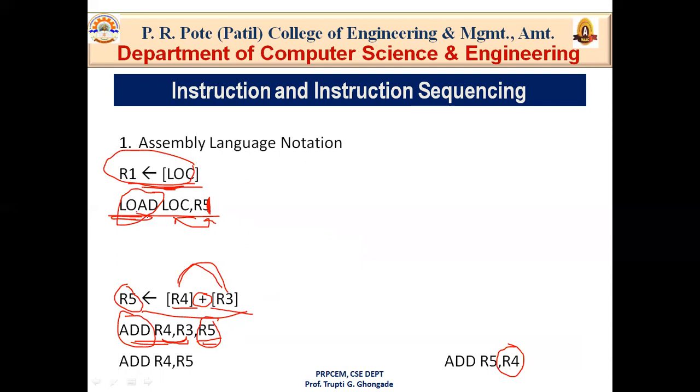Now this load and this add are called opcodes. They indicate which type of operation we have to perform on operands. Operands are what we perform operations on, that is R4, R3, LOC, and R1. So this is all about today's lecture.